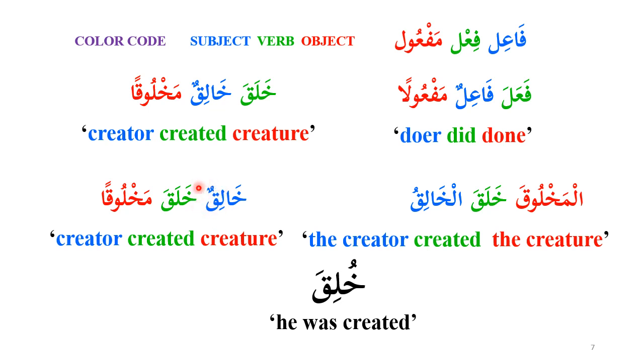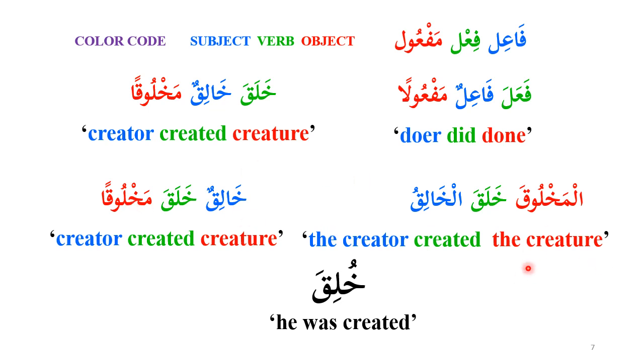The only thing you have to notice is that the doer has to be marfu', which is shown by khaliqun, the tanwin, and the done, or maf'ul, must be mansub, right, which is shown by the double fatha, or the tanwin in the mansub form. So marfu' always means the doer, and mansub means the object, or the one on whom the work is done, right?